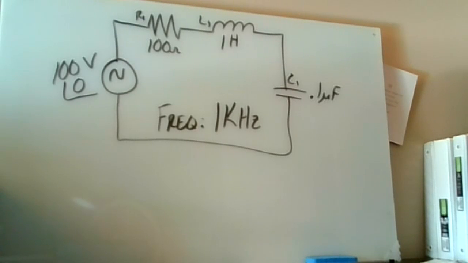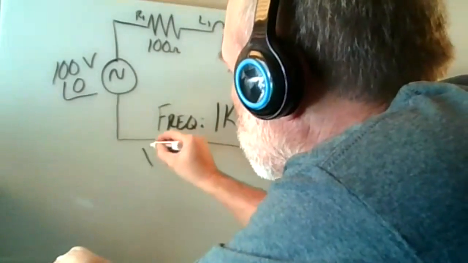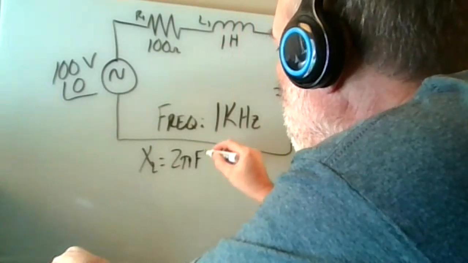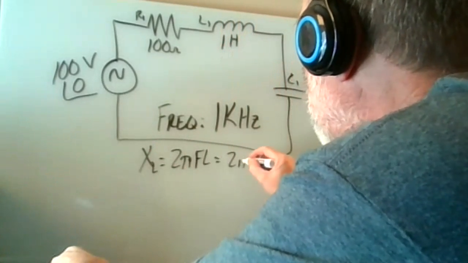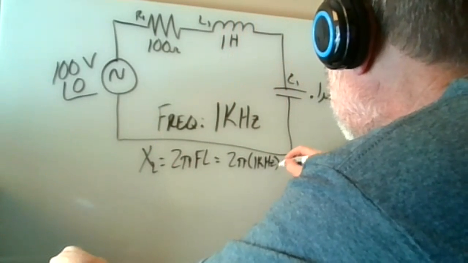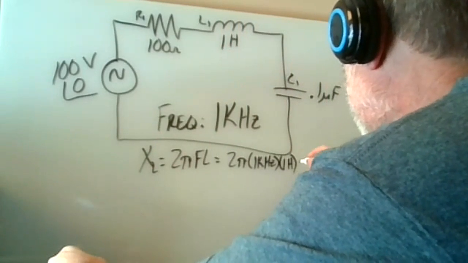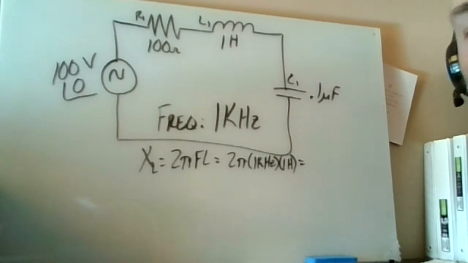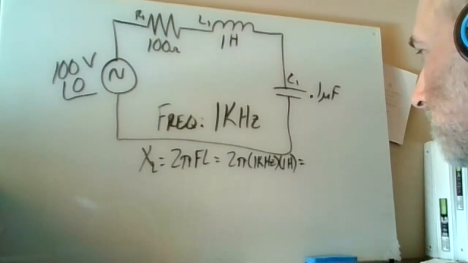And when I look at this, my answer is no. So I need to find X of L, which I know is equal to 2 pi FL, which equals 2 pi times 1 kHz times 1 Henry. Somebody figure that out and tell me what you get for X of L.